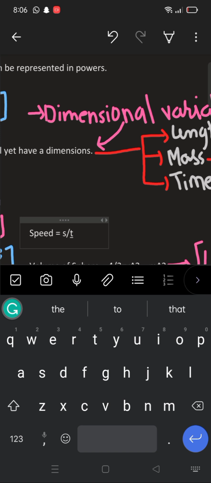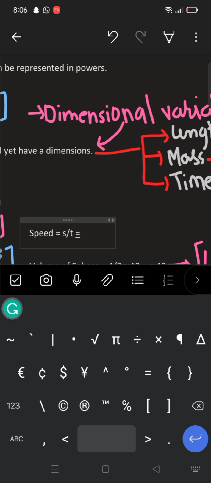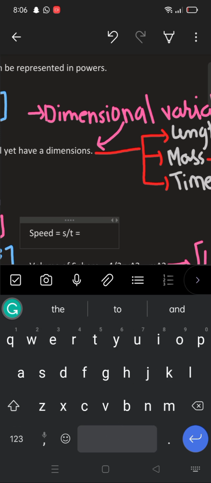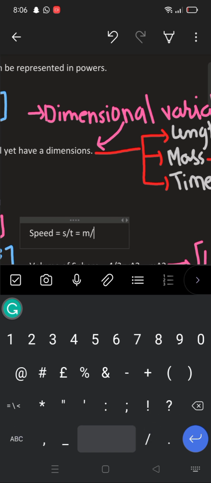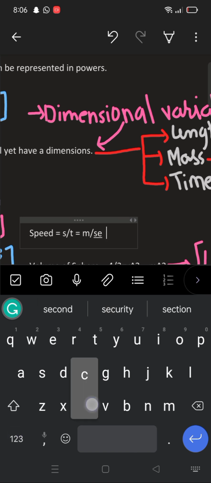Let's write the unit of this first. The distance is the same as length, and length has the unit of meter, and time has the unit of second. So it is meter per second.